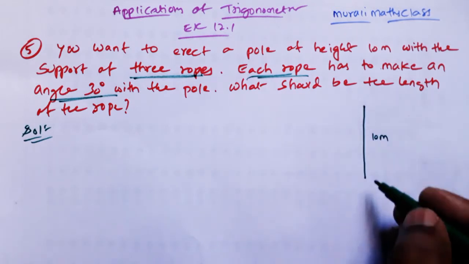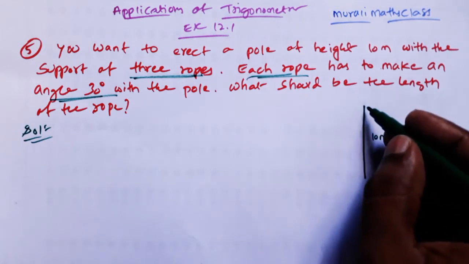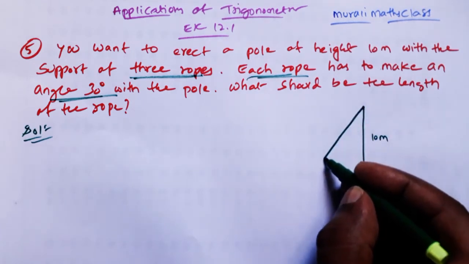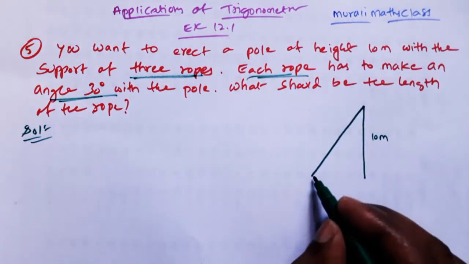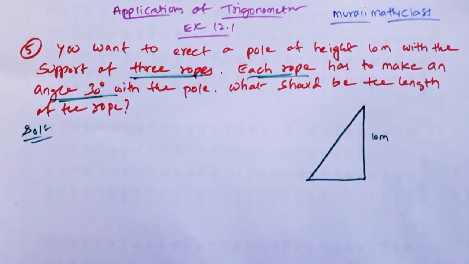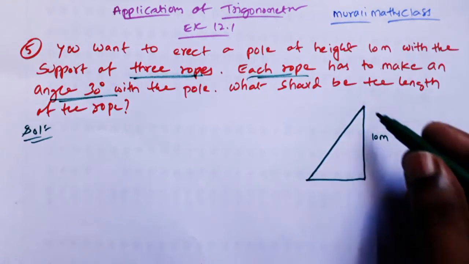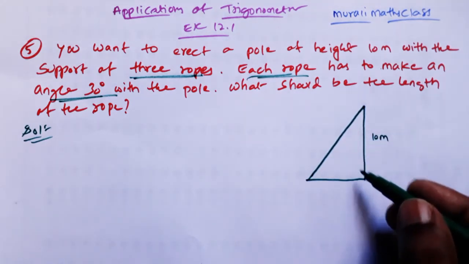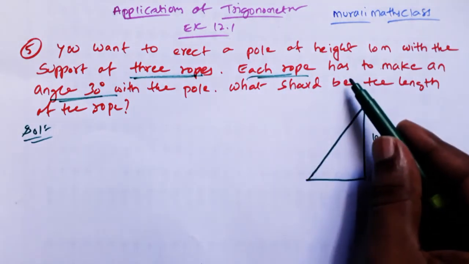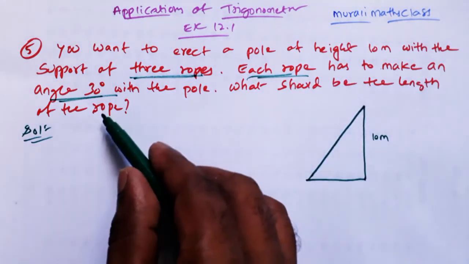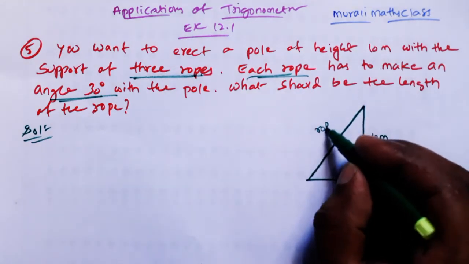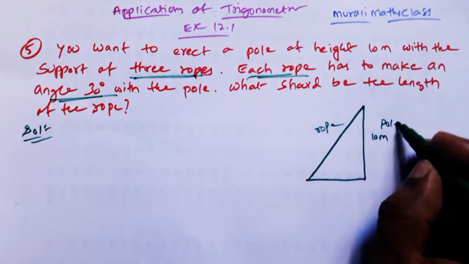So this pole is standing because of this rope. See here, this is the rope, and to the ground they mark it like this. Each rope has to make an angle 30 degrees with the pole. This is the rope, this is the pole.